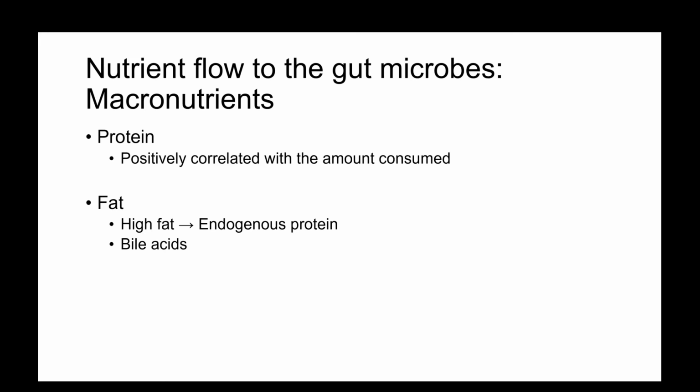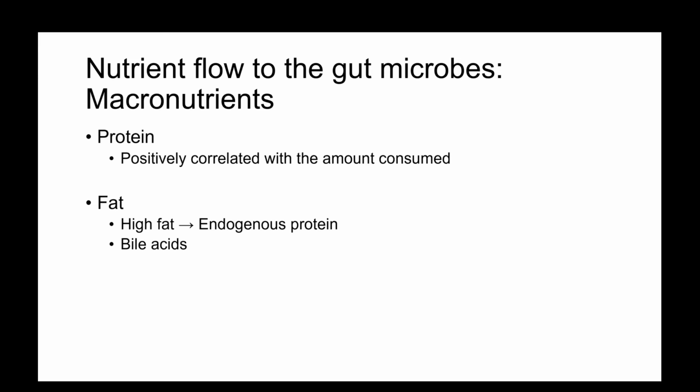So we won't spend a lot of time on this slide, but I just wanted to include it because it will come up again shortly when considering application. So briefly, generally, the amount of protein reaching the colon tends to be positively correlated with the amount consumed. Fat itself has the capacity to alter bowel movement patterns.